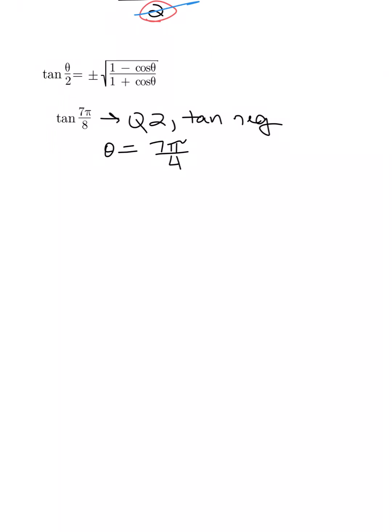So that's what we're going to put into our formula. Because it's negative, we have to put the negative sign out front. And then we'll have a square root of 1 minus the cosine of 7 pi over 4 over 1 plus the cosine of 7 pi over 4.